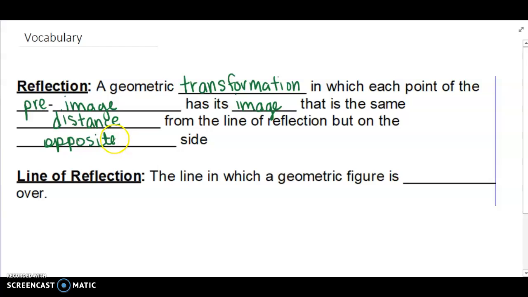Okay, so it's the same distance from the line of reflection, but it's flipped over and now it's on the other side of it. And then the line of reflection is just the line in which the geometric figure is reflected over.